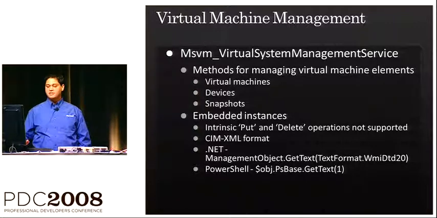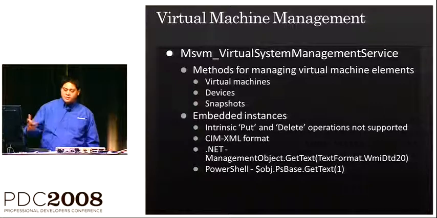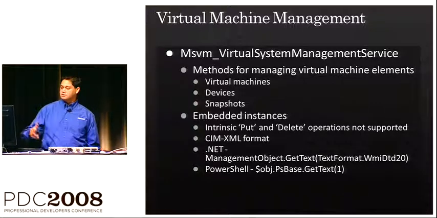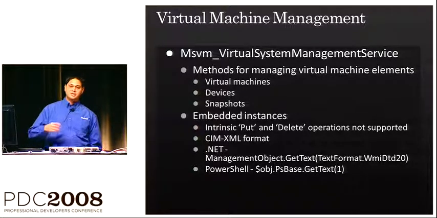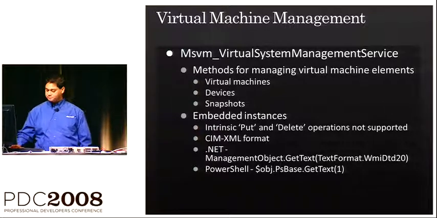So when you send it into a method, it'll have a couple of key properties that uniquely identify the class, as well as what it is that you wanted to change or reference in some way. And they're fairly simple to put together, especially if you're using a .NET or PowerShell sort of a language. They have built-in APIs to actually take an object and serialize it into this embedded instance.